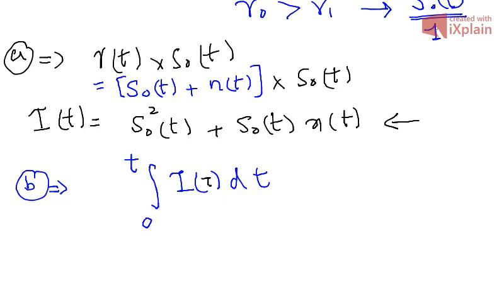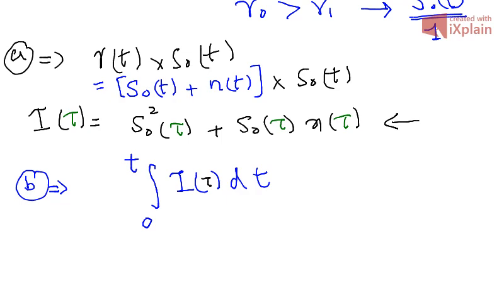So if I replace t by tau, my I of tau would be S naught square of tau plus S naught of tau n of tau. It's the same equation, just replacing t by tau here.